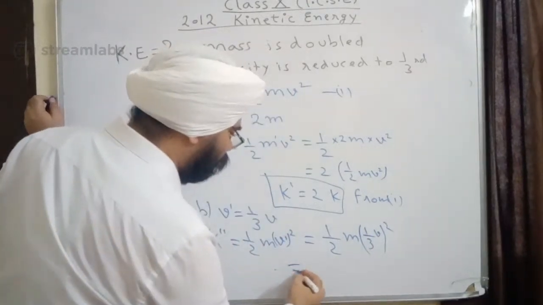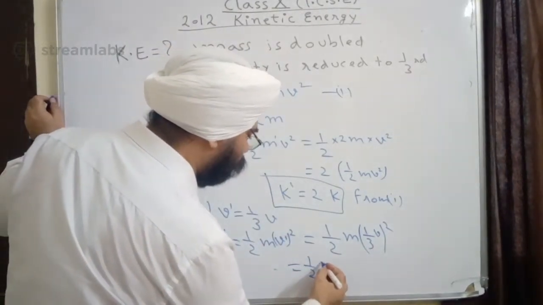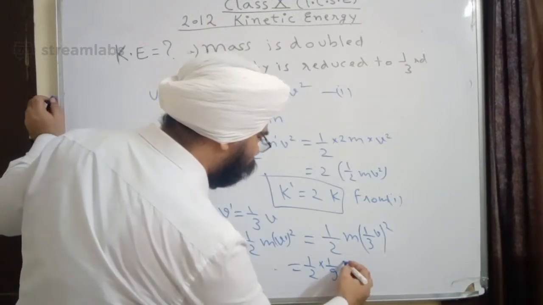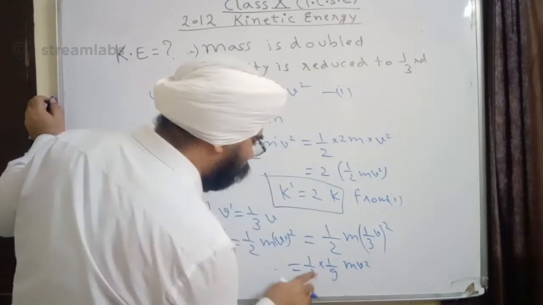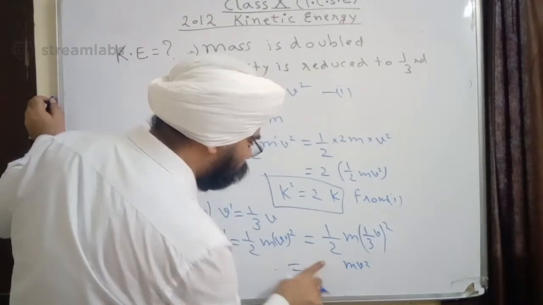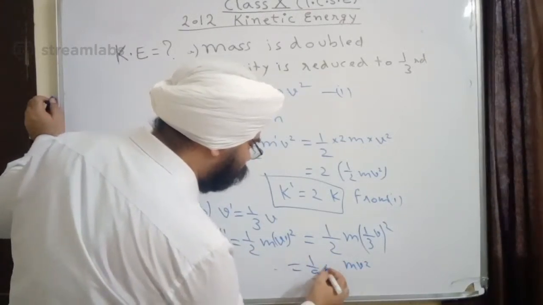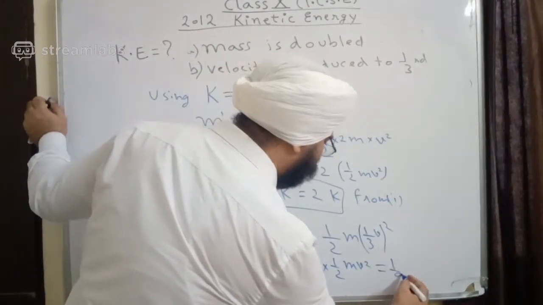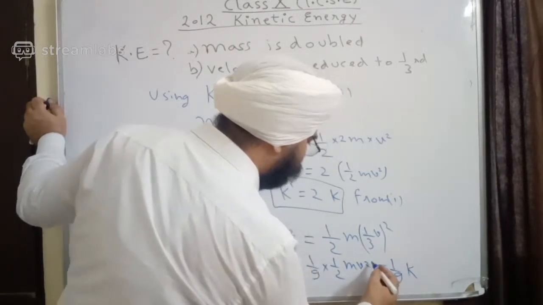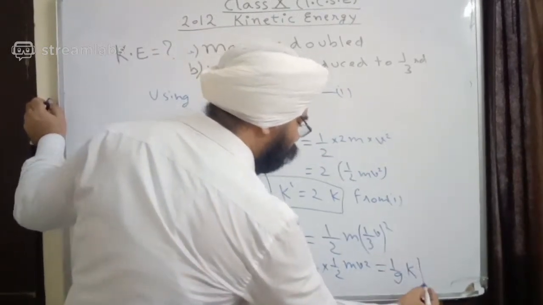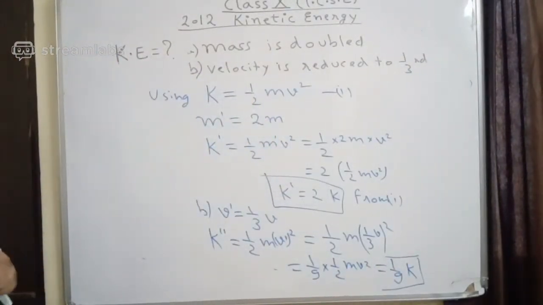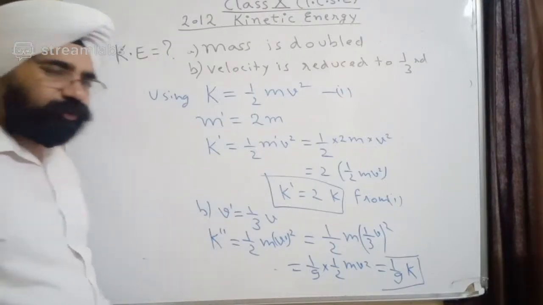This becomes 1 by 2 into 1 by 9 m v square. I bring 1 by 9 in front, into half m v square, which means this is equal to 1 by 9 K. So K dash becomes 1 by 9 times the initial kinetic energy. Easy, understood?